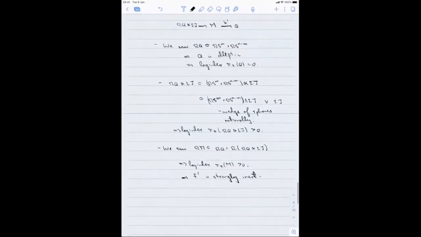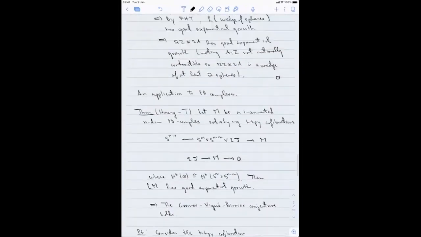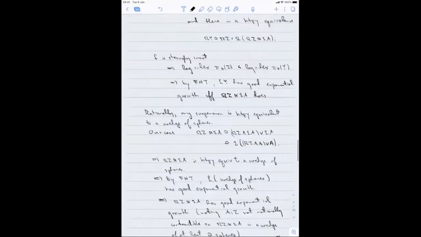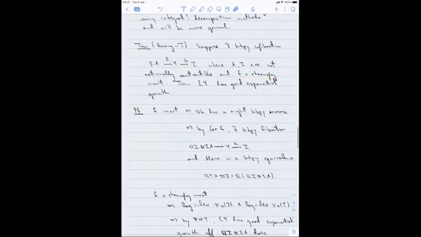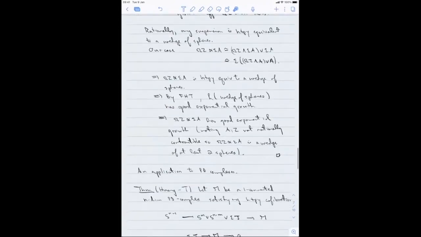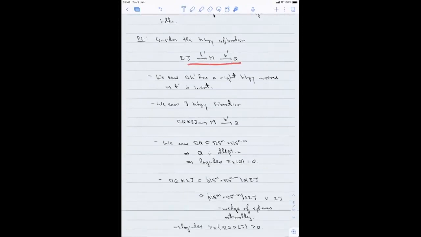And now you can apply the previous theorem. The previous theorem said, if you have a homotopy cofibration and the attaching map for the map F is strongly inert, then the free loop space of the middle space has good exponential growth. So here's our cofibration.